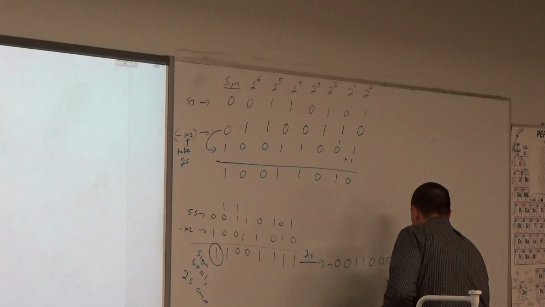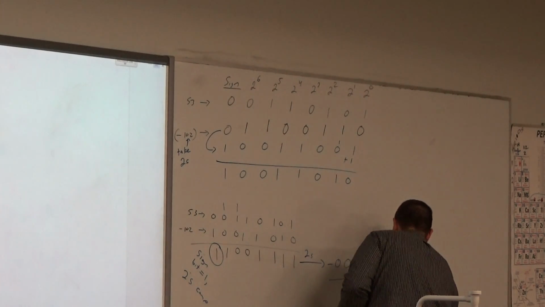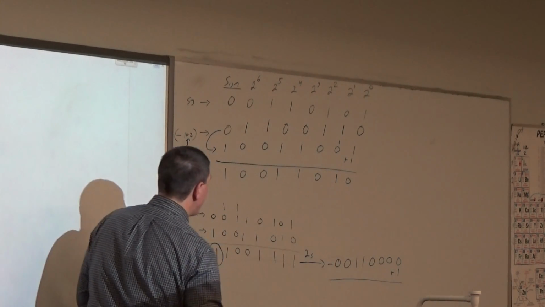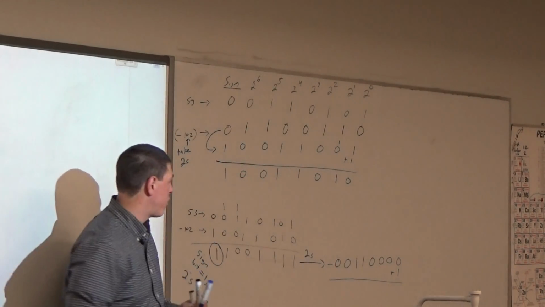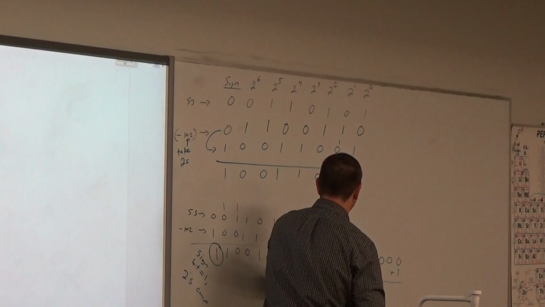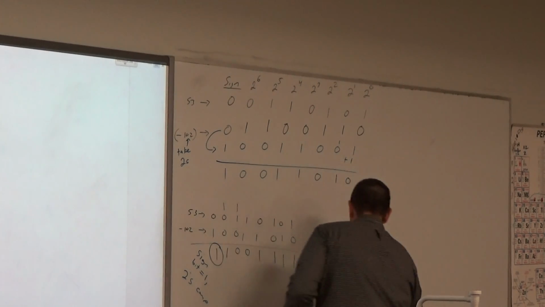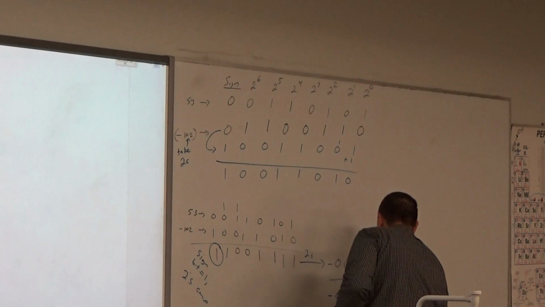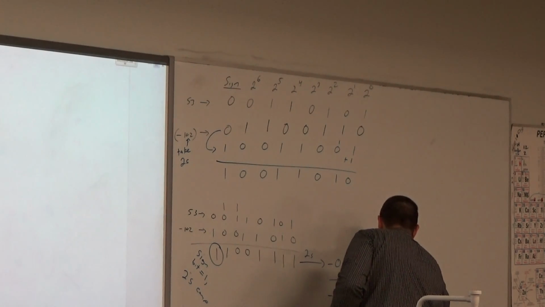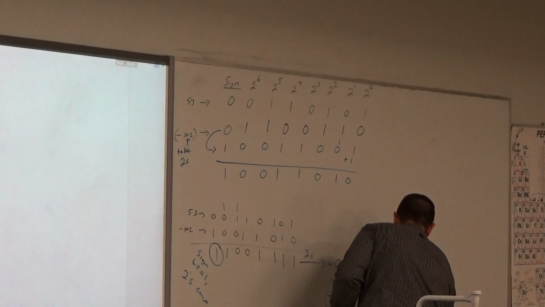And what I'm going to do is tack that 1 in. So all I did there, guys, was take the 2's complement. I stuck a negative out in front just to remind you that the answer is going to be negative. So the answer is negative 0, 0, 1, 1, 0, 0, 0, 1, and that's in base 2.